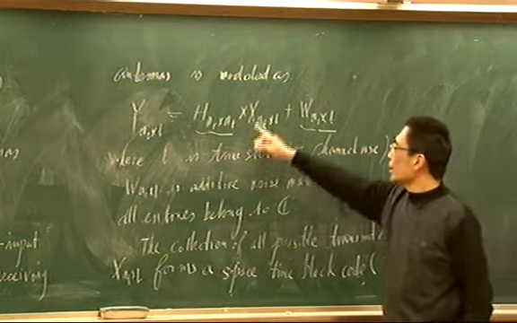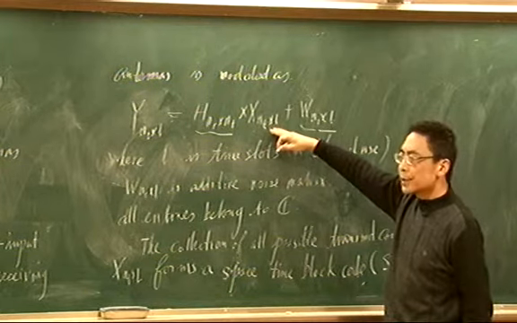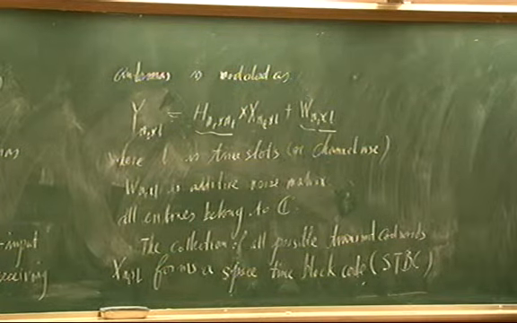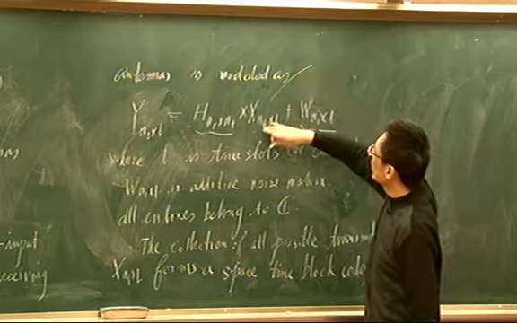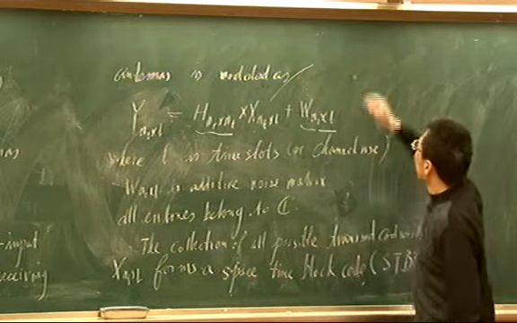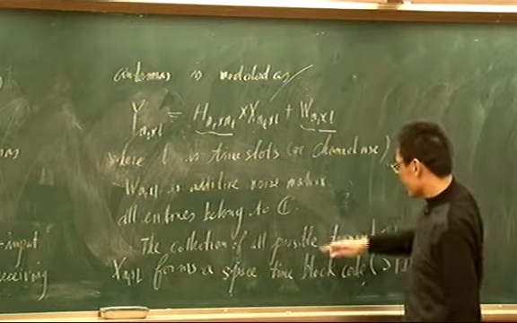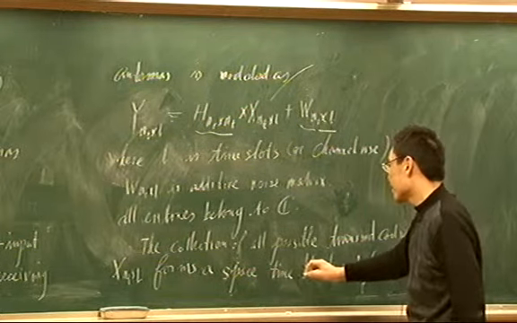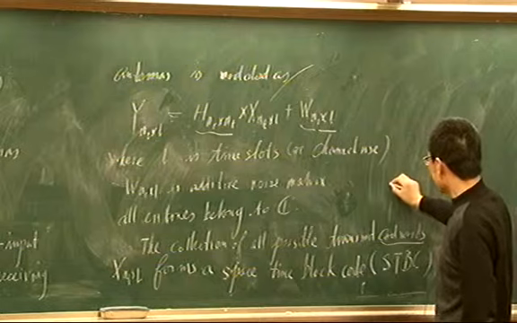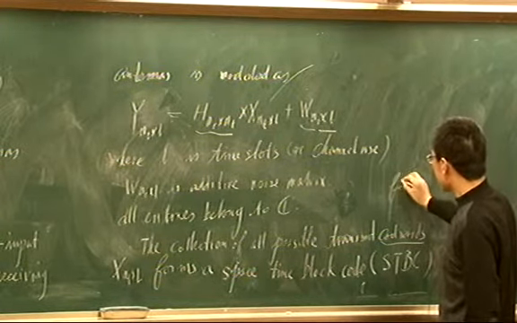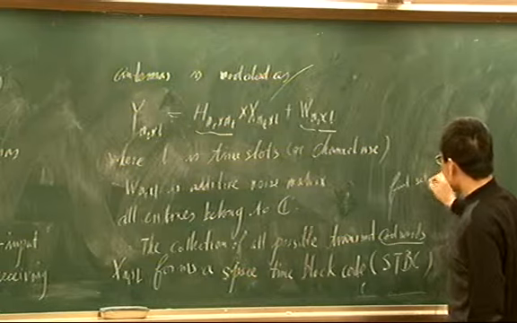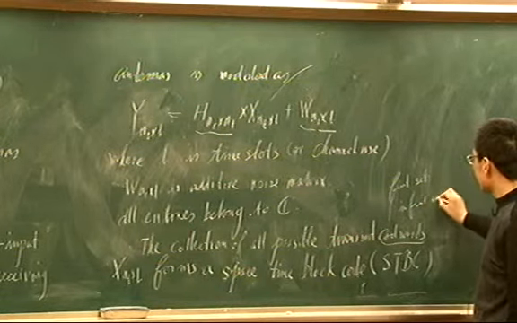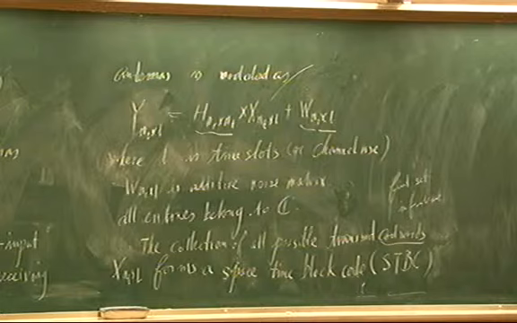This collection is a set of matrices. Sometimes it is finite, sometimes infinite. Sometimes the code words form an infinite set, sometimes a finite set, if you want.